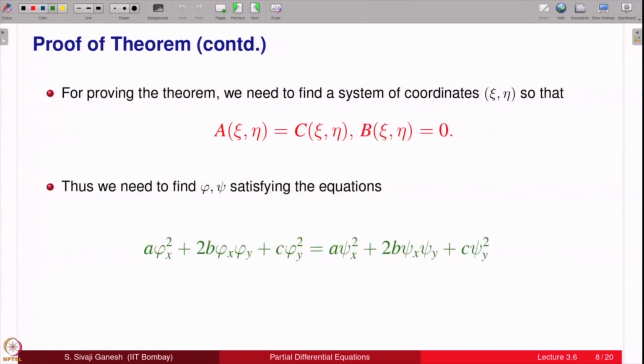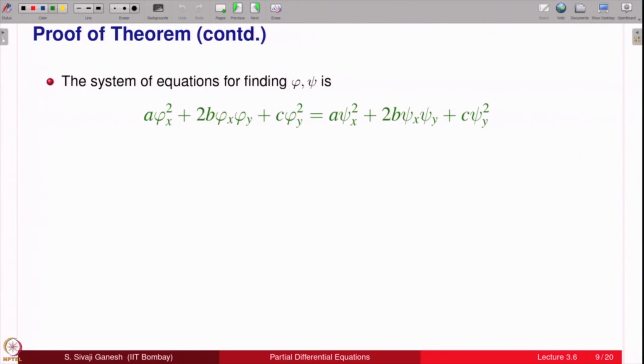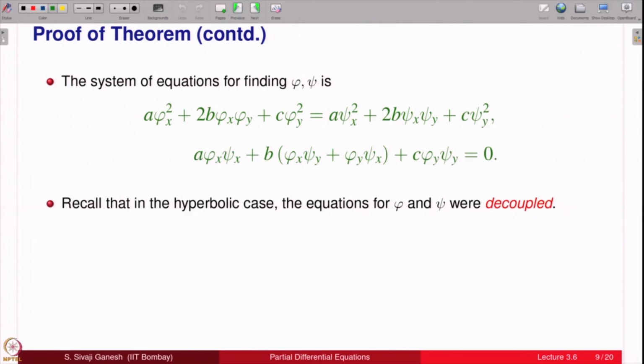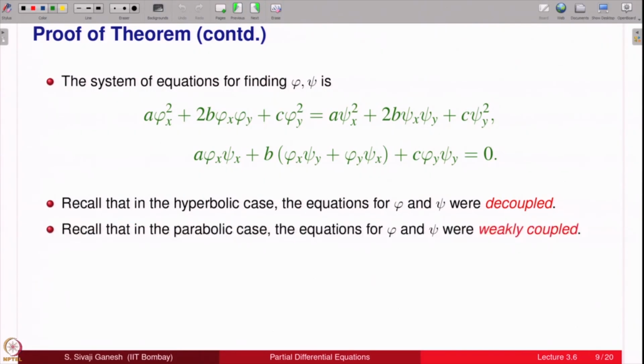So, a equal to c means this equation must be satisfied, and b equal to 0 means this equation is satisfied. Now a remark on the system of equations for finding phi and psi. Recall that in the hyperbolic case, when we want to find phi and psi, the equations were decoupled, phi and psi could be solved separately.